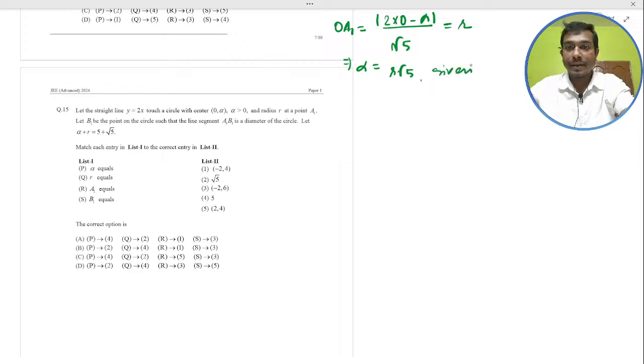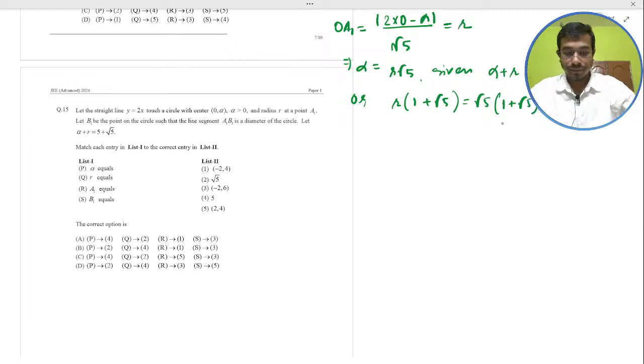And it is given that alpha plus r is 5 plus root 5. Or r into 1 plus root 5 is equal to root 5 into 1 plus root 5. You would get the value r equal to root 5. Hence, alpha is what? Alpha is 5.